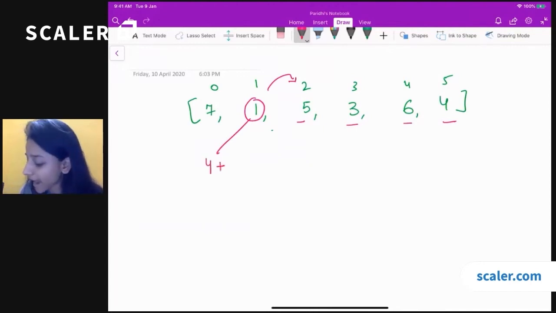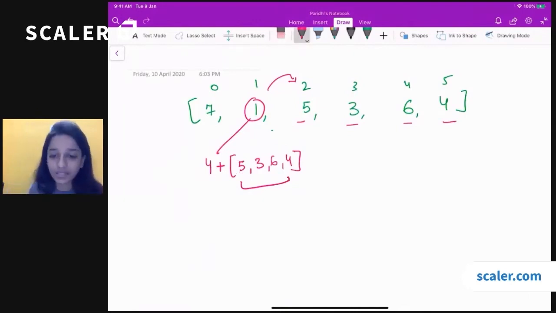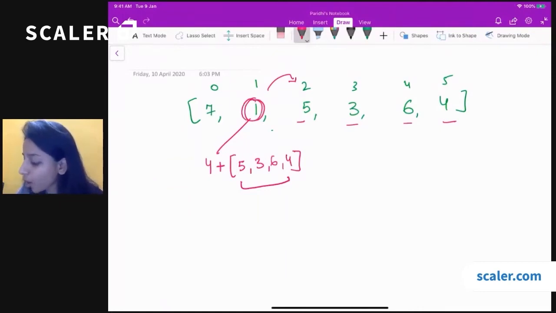I add the profit to the sub problem, which is 5, 3, 6, 4, where I can try buying a stock and selling it on further days. What I have discussed now will be applicable to all the sub problems. So this is the case when I buy at 1 and sell on day 2 at the price of 5, giving a profit of 4.